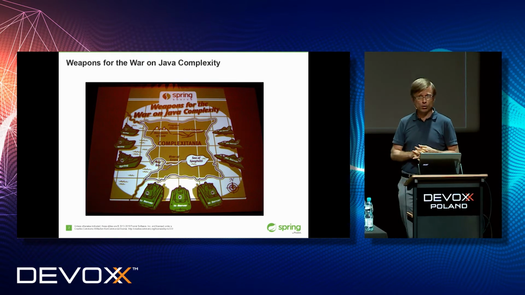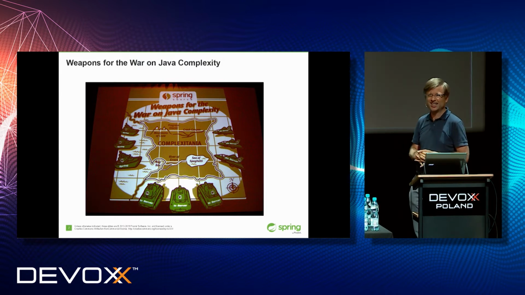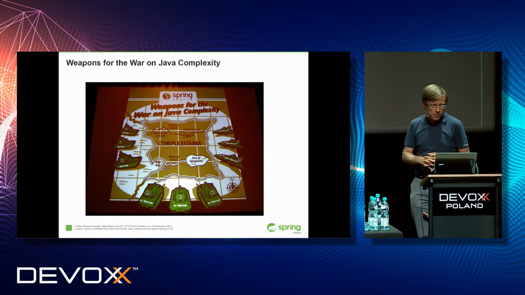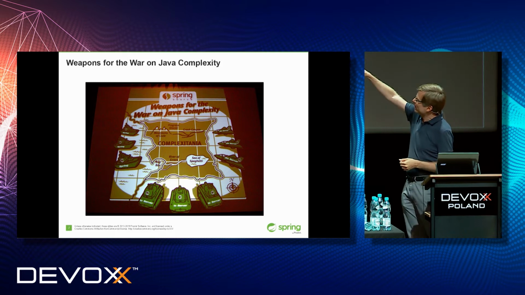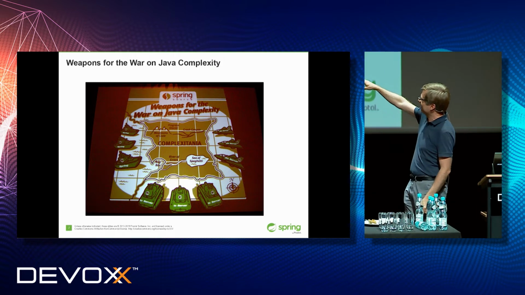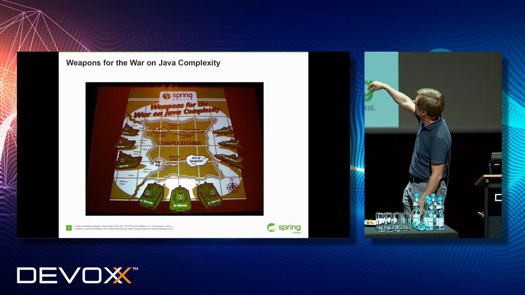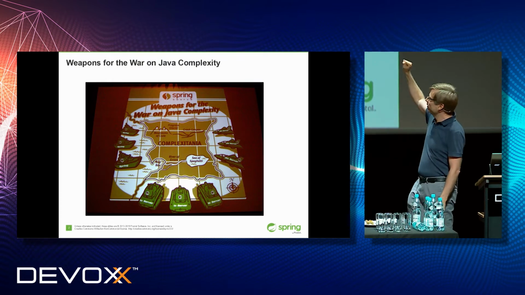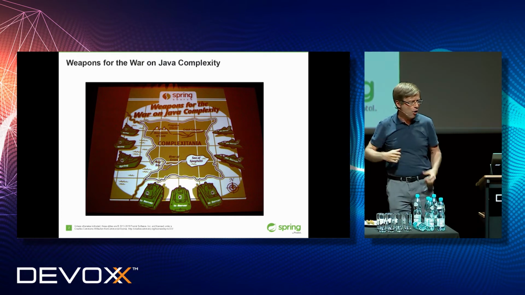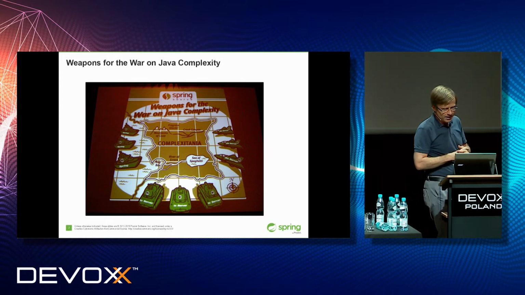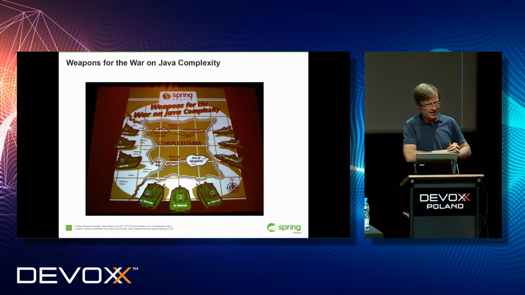If I hadn't told you that it came out of the US, I guess it's obvious, right? So there are Spring battleships here and tc Server tanks, tc Server being our Tomcat distribution, dm Server, the OSGi-based product, dm Server fighter planes, all attacking this land of Complexitania.